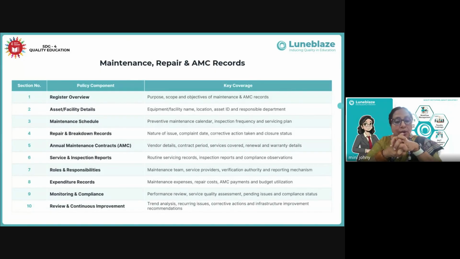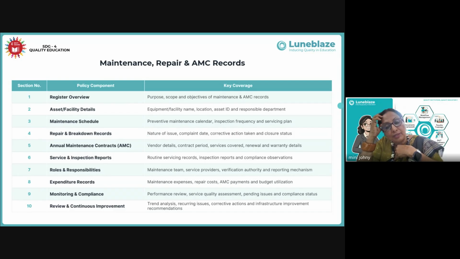Annual maintenance contracts: vendor details, contract period, how many periods are there? If something happens in the warranty period, then we will get the product repaired or replaced. Services covered, renewal and warranty details. Service and inspection reports, routine servicing records.